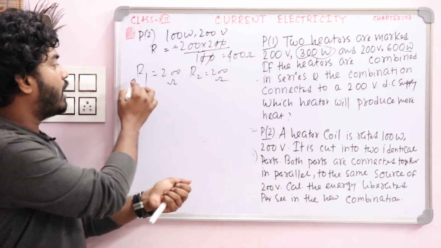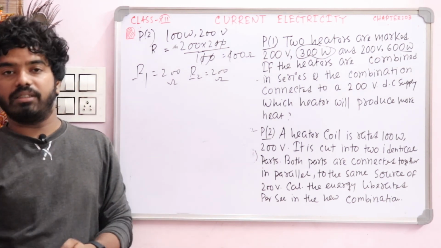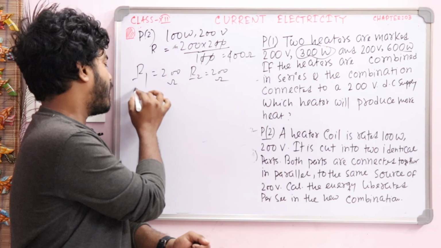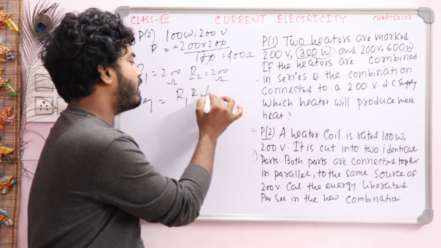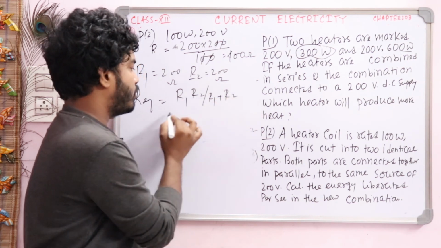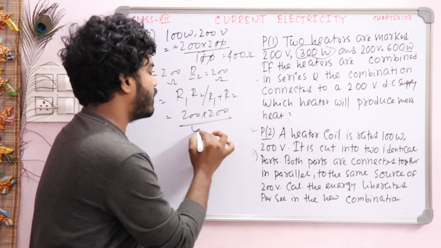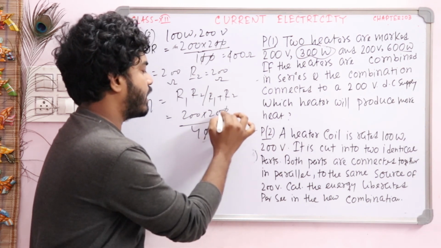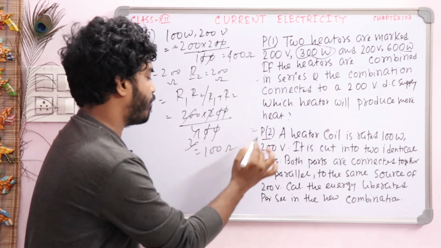Here R1 and R2 are connected in parallel. So then you find out the equivalent resistance. What is the formula? R equivalent is equal to R1 R2 divided by R1 plus R2. So R1 200, R2 200, divided by R1 plus R2, that is 400. This one cancels out, this one 200, that is 100 ohm.